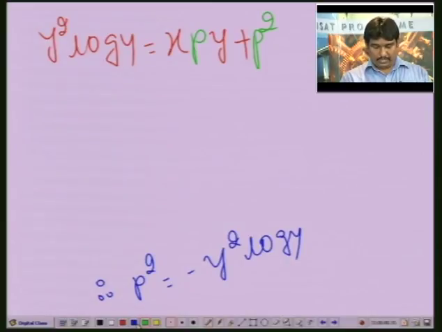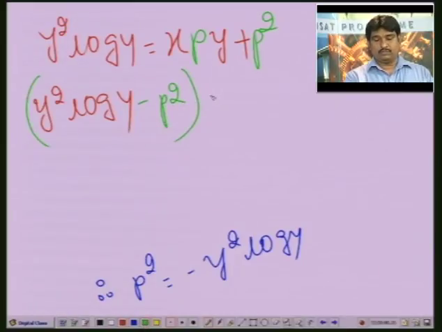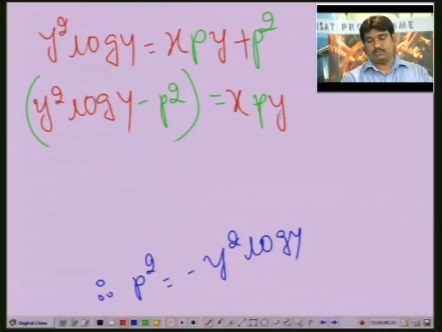So one way of doing this is expressing this as an equation involving only even powers of p, which is easy because I have a value for p square here. For that, I'll shift this p to the LHS, that is, equals x p y. I have to eliminate this p.